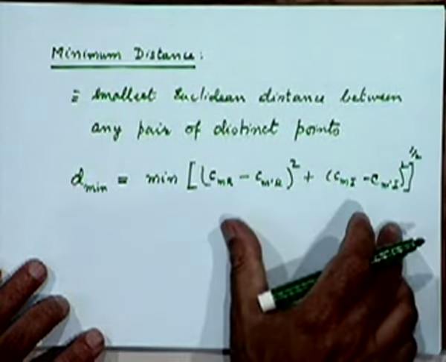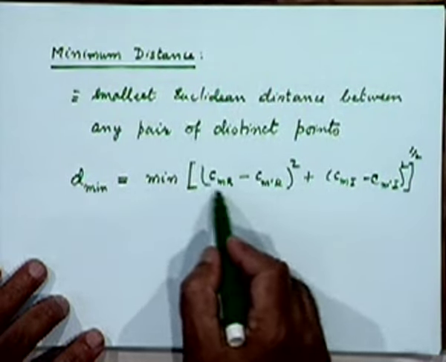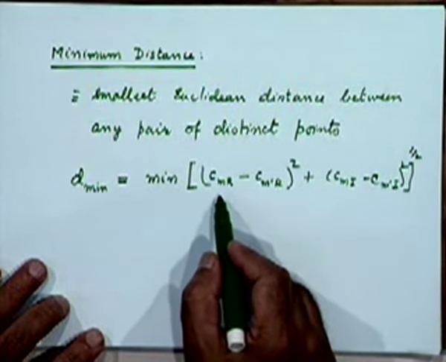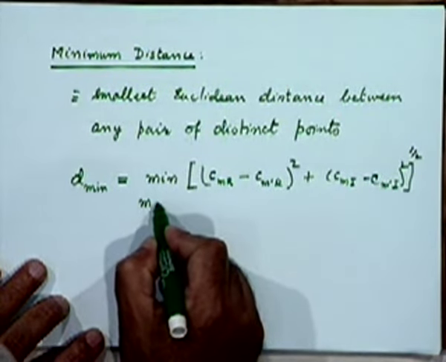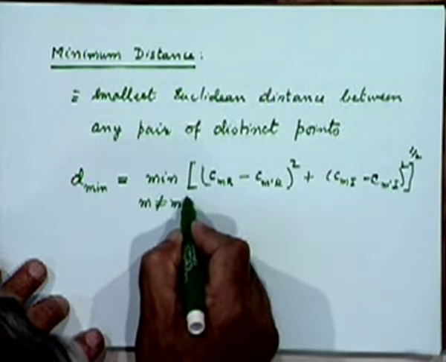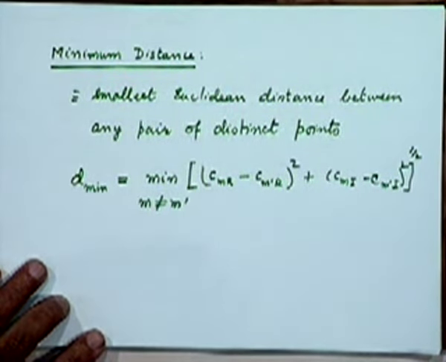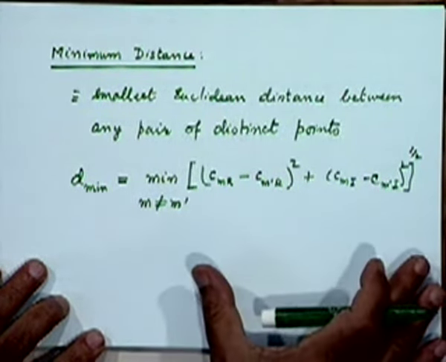Minimum of this value over all possible combinations of the indices m and m prime which are not the same. So that's a formal definition of the minimum distance on the constellation. Make sense?